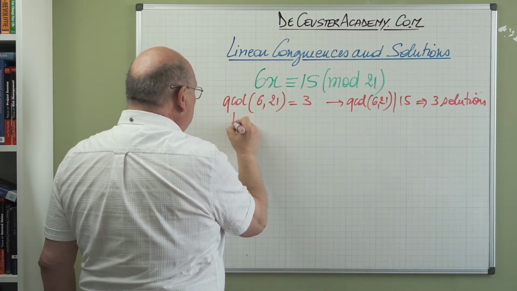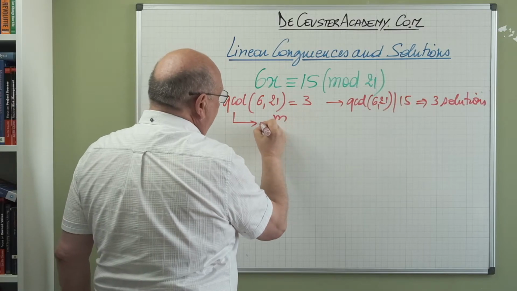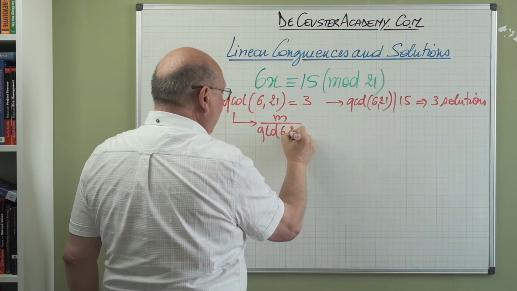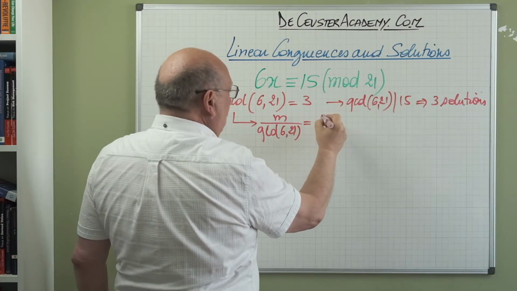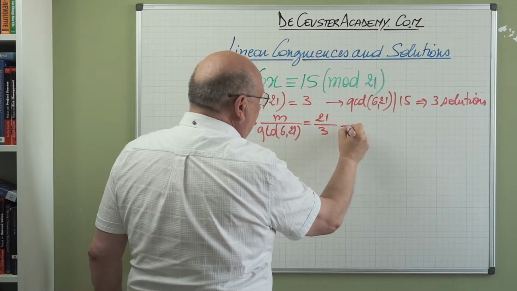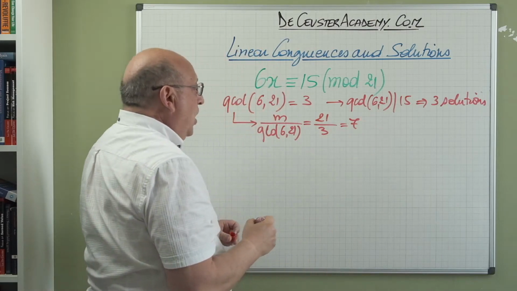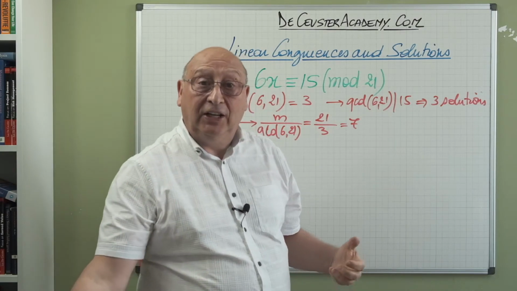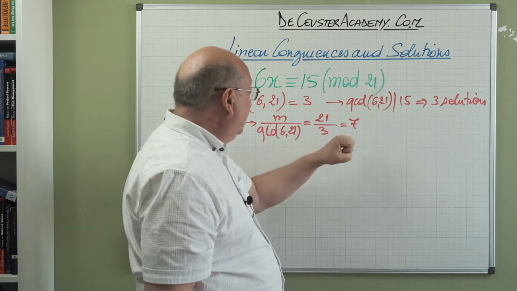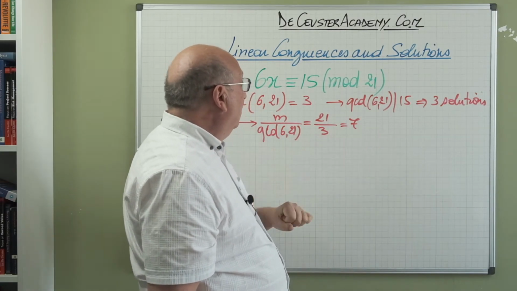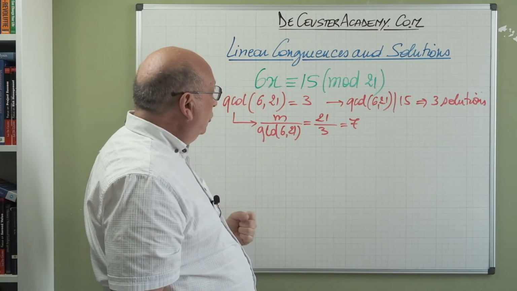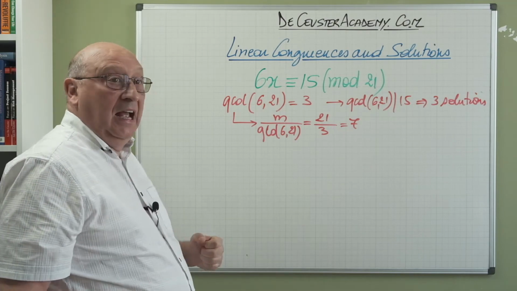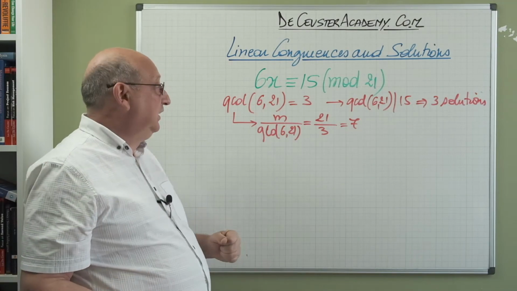So we have 3 solutions, and they're spaced by m divided by the GCD of 6 and 21, which is 21 divided by 3, basically 7. So we have 3 solutions spaced by 7, all modulus 21. These are the different possibilities that we have to find here. Let's now have a look at all of these elements.